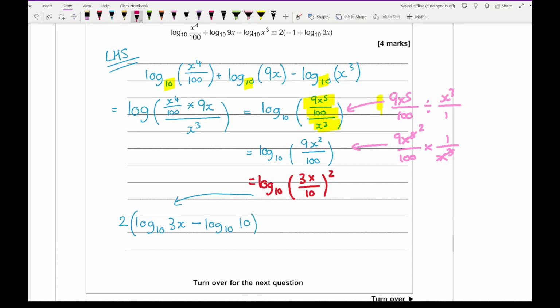From this, we notice that this part here is just going to equal 1. So we've got 2 lots of log 10 3x minus 1. And if we flip the two things in the brackets the other way round, we get 2 times minus 1 plus log 10 of 3x, which equals the right hand side.